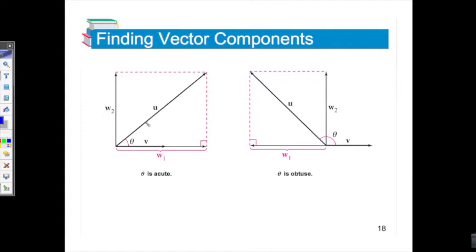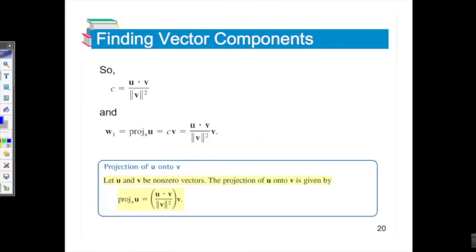So the first, W1, is what we call a projection of u onto the vector v. So it's a projection in the direction of standard position for that vector. So we have our first, W1, which is the projection of u onto v, and then our W2 will simply be orthogonal to that. So here's what we have to do in order to find the projection.